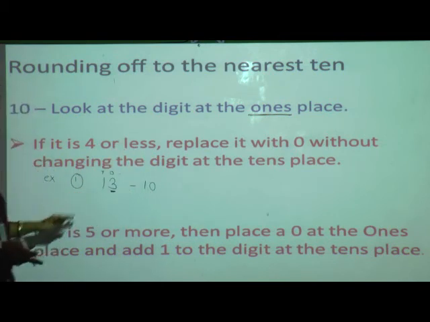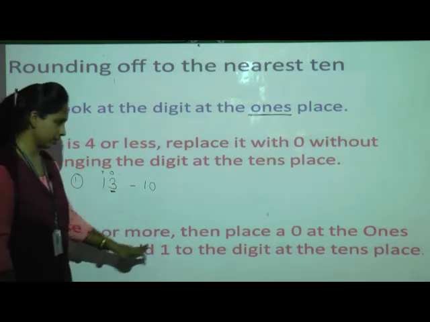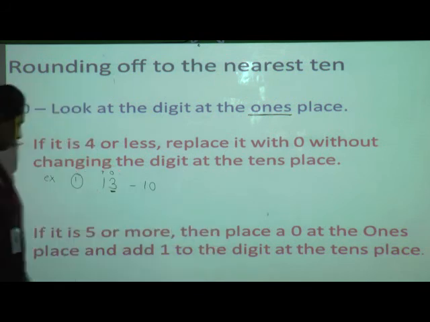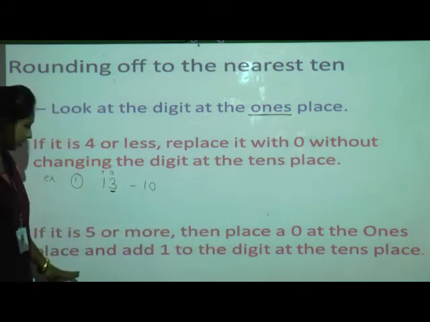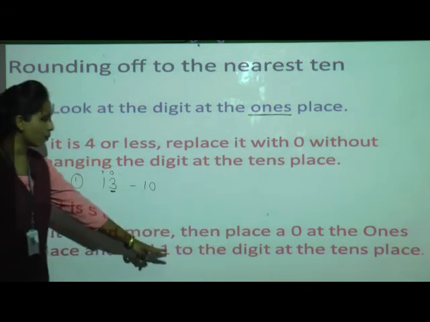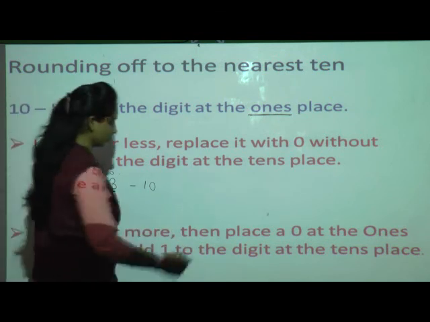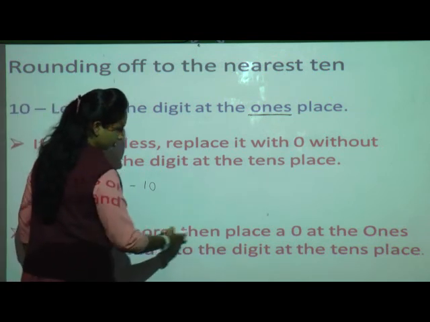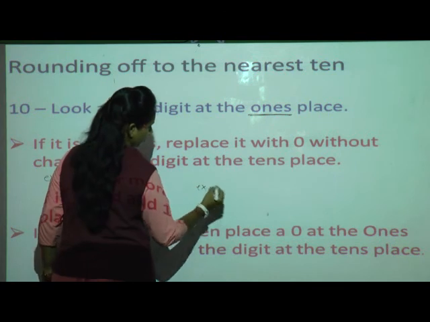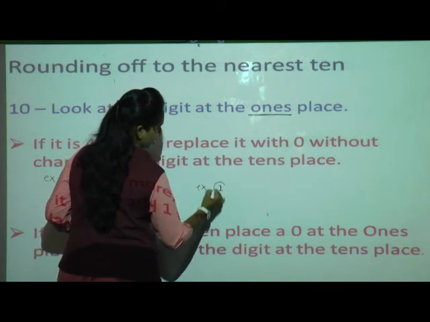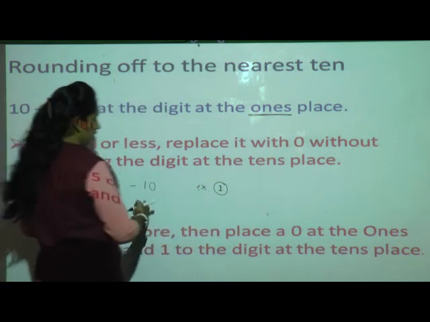Okay. Now we will see one more. Here, if it is 5 or more, then replace the ones place with 0 and add 1 to the digit at the tens place. I will show you this example here. For example, this is the second example.